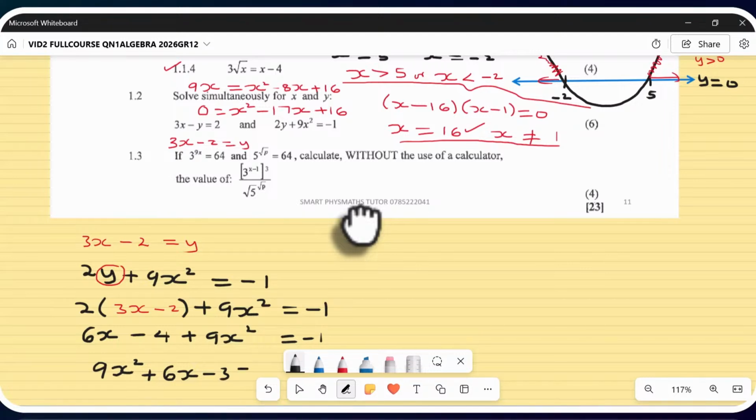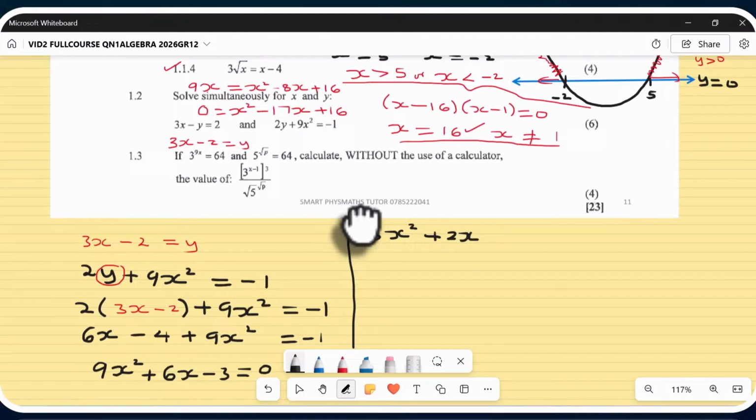So here I must use the cross method. Let's check it out here. On this side I've got negative 1 times 1. The 3 times 1 is plus 3. Then 1 times negative 1 is negative 1.